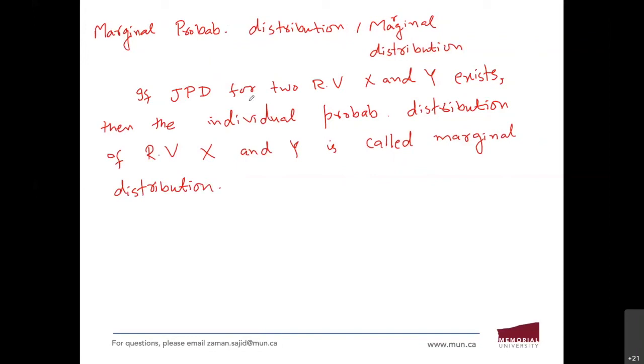So basically, the marginal probability distribution is the individual probabilities of your x and y.